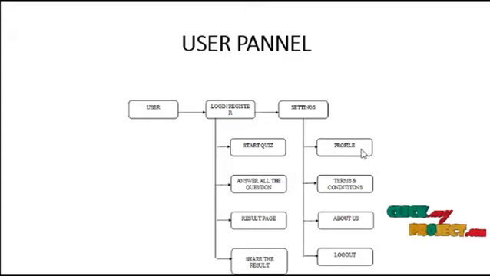In the terms and conditions, all the details are there. In about us, your Instagram ID and all the details are there. Then pressing logout means automatic logout. That's all for the app.